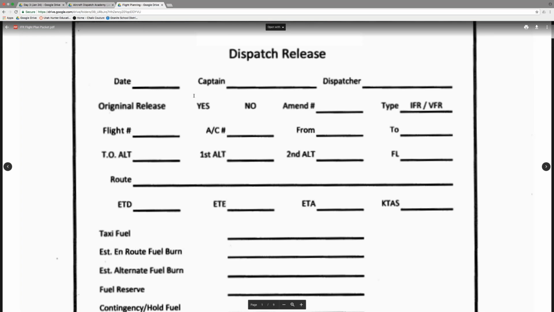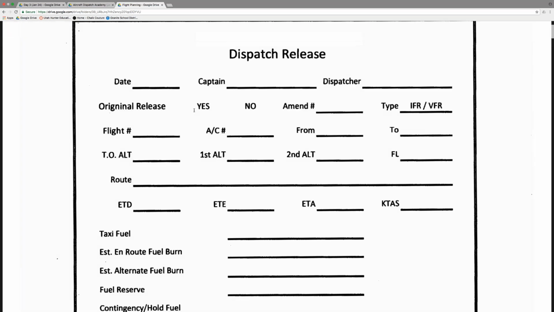So an original release is, say we create our dispatch release and we plan for certain weather at one of our alternates or even at the destination. Say when we did the original dispatch release at the destination, we were above the 1, 2, 3 rule, so we didn't require an alternate airport at the time.